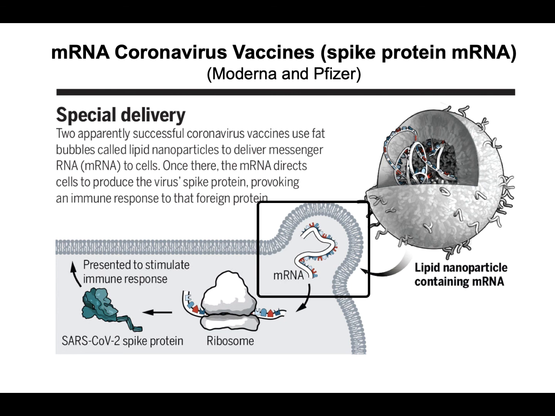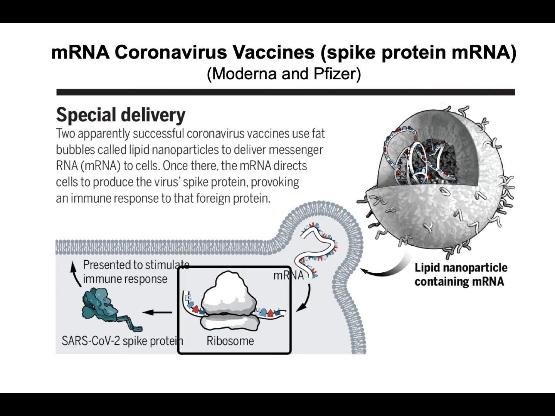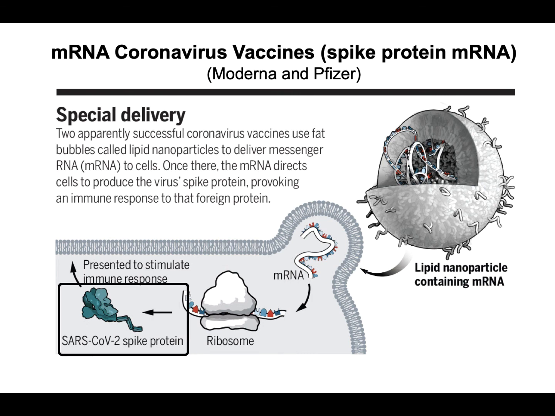And then the RNA is released in the cell, and then cytoplasmic ribosomes translate that mRNA into the protein. The protein is then sent out to the cell surface and presented at the cell surface to the T cells, which then respond to that in an immunological way.